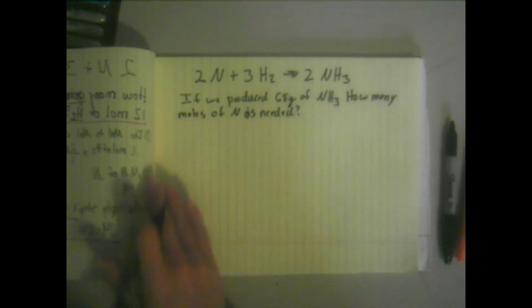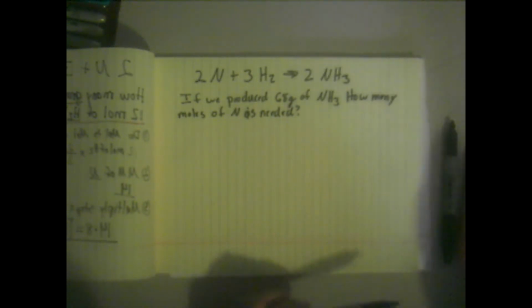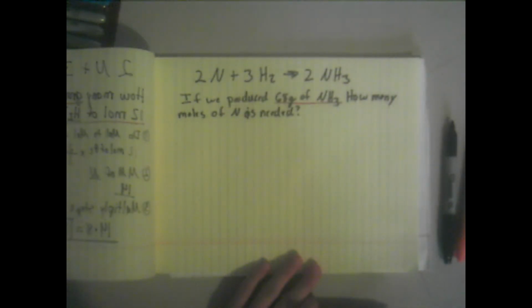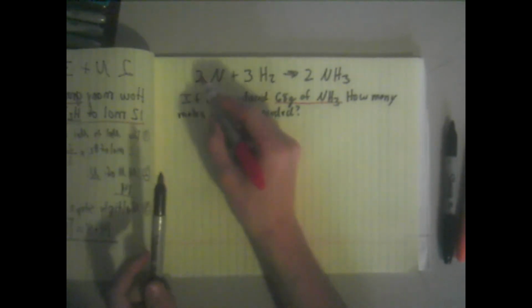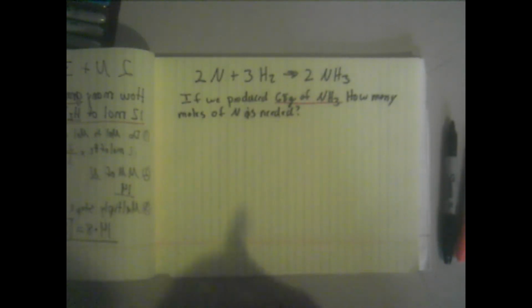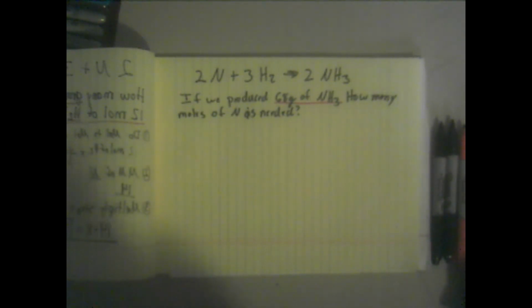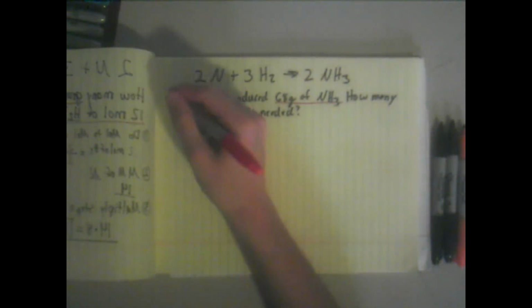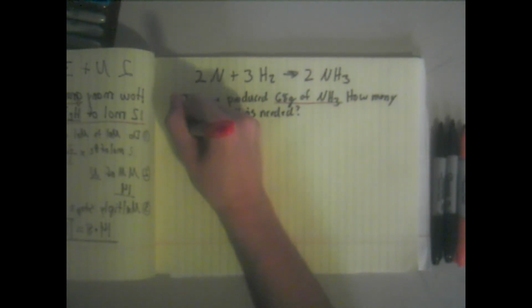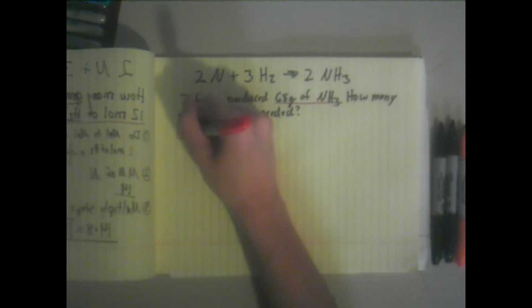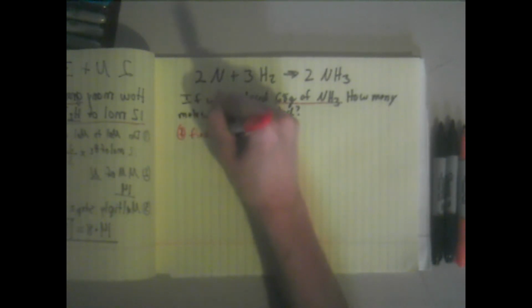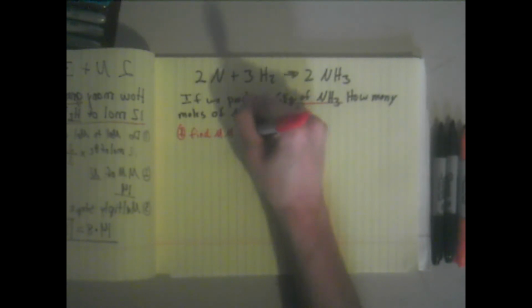So in this case, we know we need to do a couple of things first. First thing is that we need to get our NH3 into moles. Because remember how these up here are all in moles, we can't mix grams and moles together. So as I did before, we're going to do step 2 first. We need to get our molar mass, we're going to do this first. Step 2 of finding the molar mass of NH3.